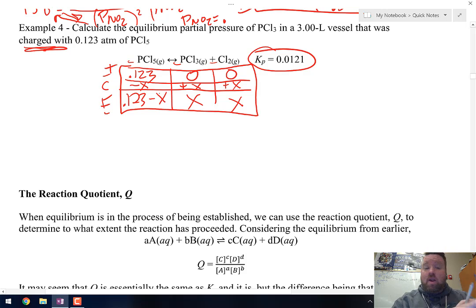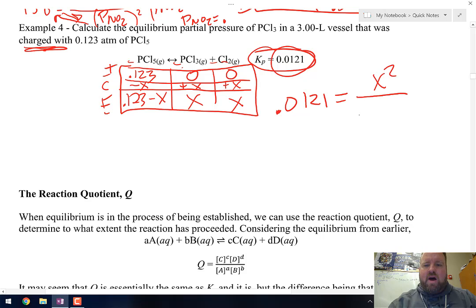So now we got a whole bunch of x's in here that we got to solve for. We do know the equilibrium constant though. So the equilibrium constant is 0.0121, and that's going to equal the pressure of the products, which are these two, and they're both x. So that becomes x squared.